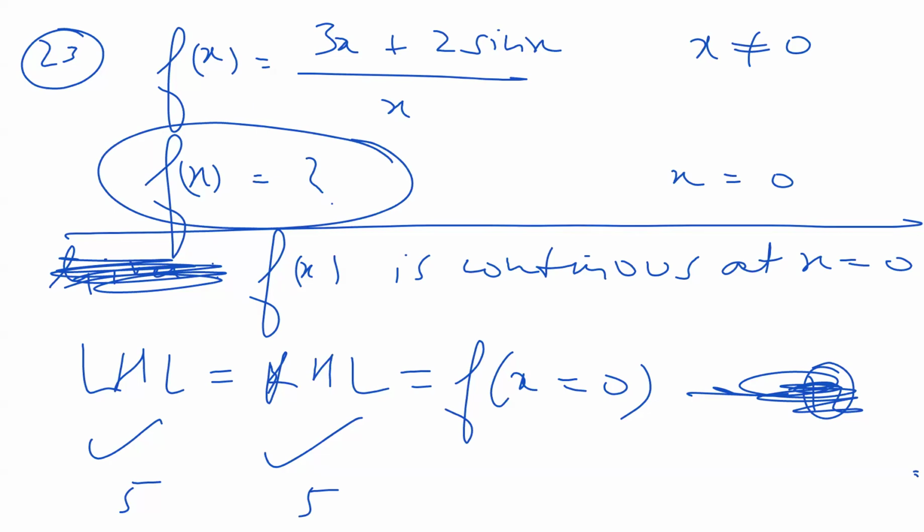So I feel that the problem is a bit incomplete. They should have given this value. So a bit of ambiguity is there in this particular problem. Fine. Otherwise, the function is continuous. But then we need to know the value of f of x when x is equal to 0. Okay. Thank you.